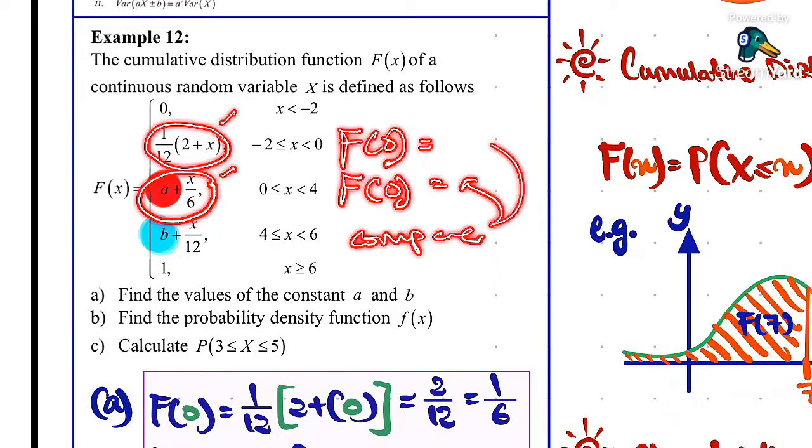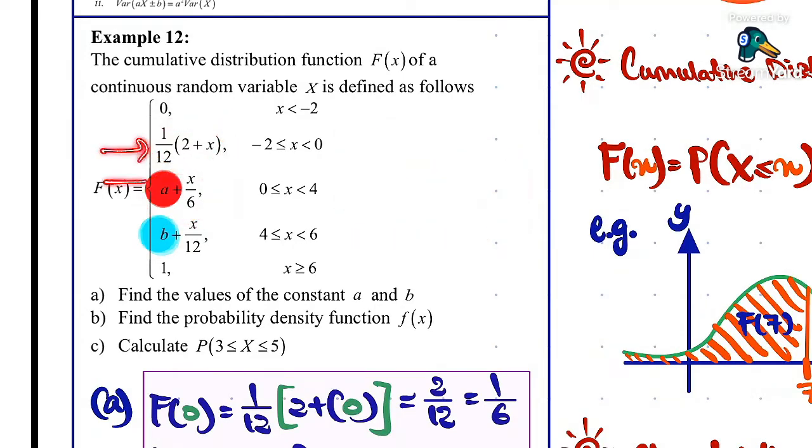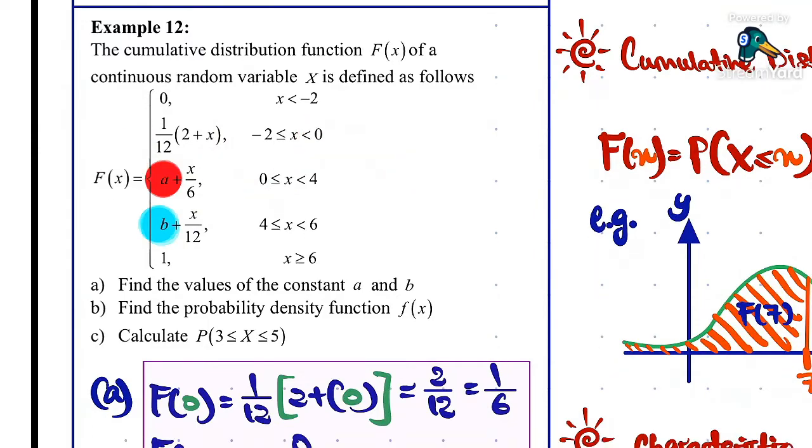Why do I pick 0, not the other numbers? Because they are the closest. These two functions are the closest, and we can use the same value, the same 0, to compare them both. So this is the step.